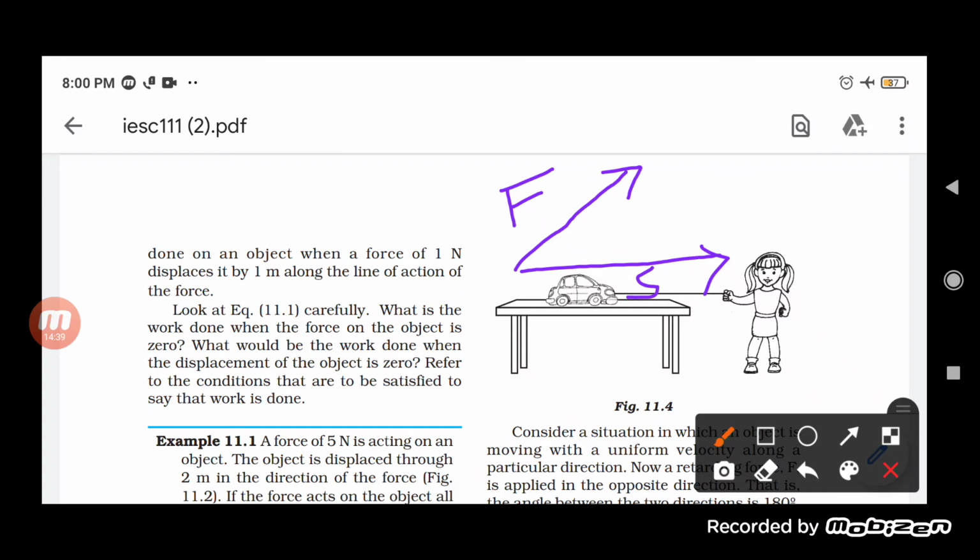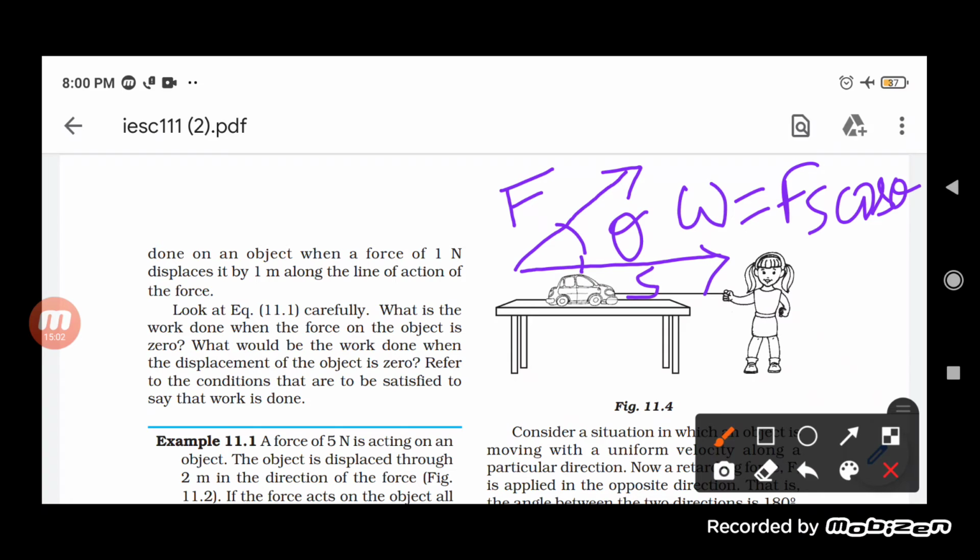So, in such a case, when the force and the displacement form an angle between these two, then we represent this angle as theta. And now the work will be represented as W is equal to Fs cos theta.